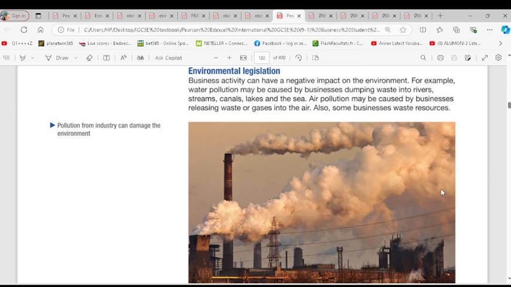It is expected that an imported product should be more expensive than the locally made product. So the locally made product should be cheaper than imported products. But most of the time, why are these imported products cheaper? The government of such a country would have subsidized them. Do you understand? Like Chinese products are cheaper. But it's not that they are naturally cheap; the government of that country has subsidized them, reducing their cost of production.